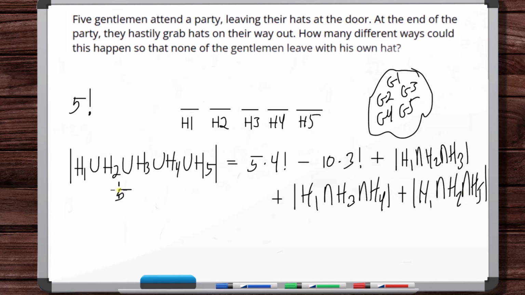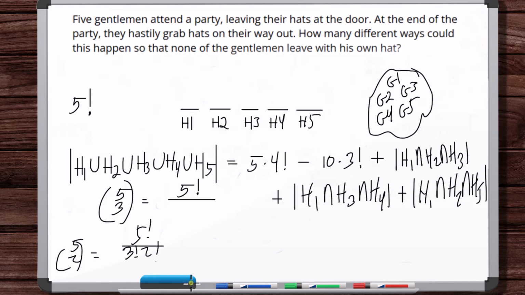It's 5 choose 3. So that's 5 factorial over, did I do that right? First, 5 choose 2 was 5 factorial over 3 factorial times 2 factorial. Okay, yeah, it's the same thing. So this is going to have 10 outcomes as well.